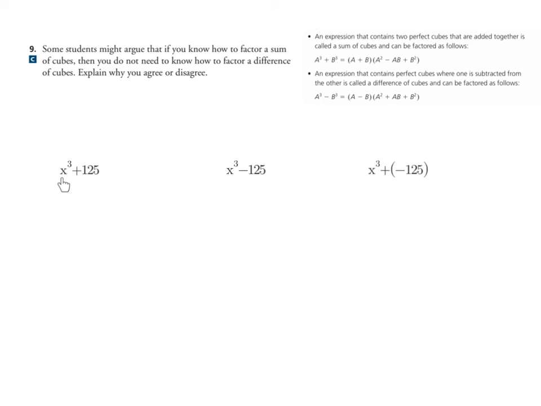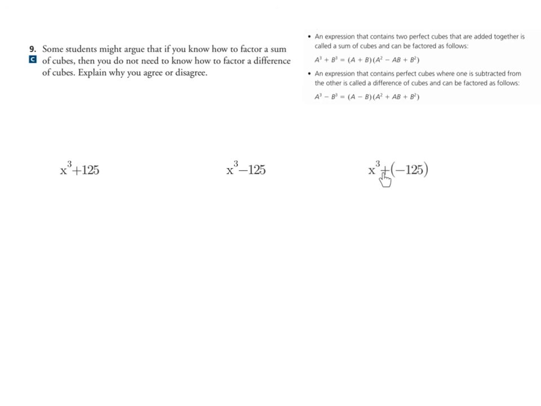For example here, let's say I know how to do x cubed plus a perfect cube. This is 5 cubed. But I never learned how to do x cubed minus that perfect cube. Well, I could just rewrite x cubed minus 5 cubed as x cubed plus negative 5 cubed, because this is just negative 5 times negative 5 times negative 5.